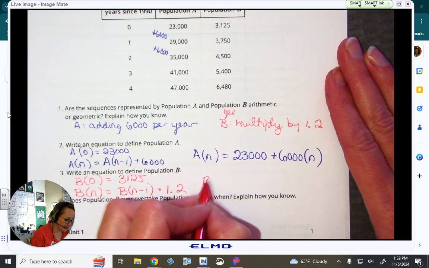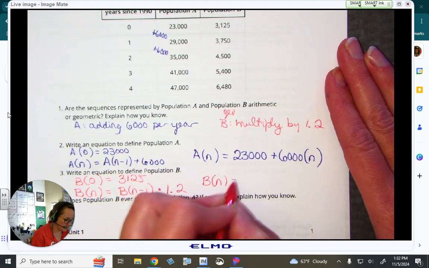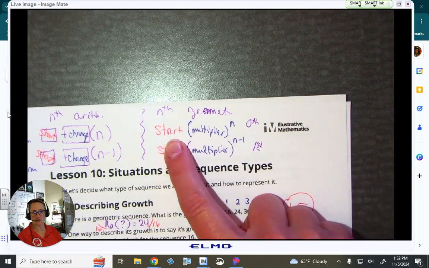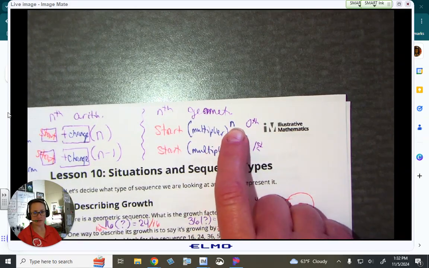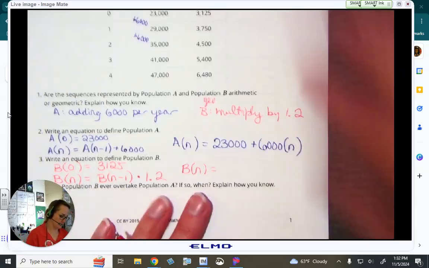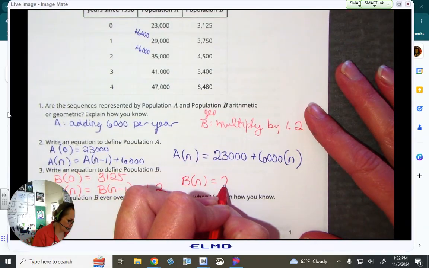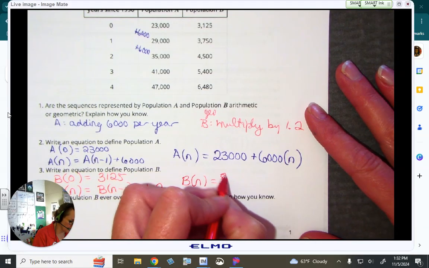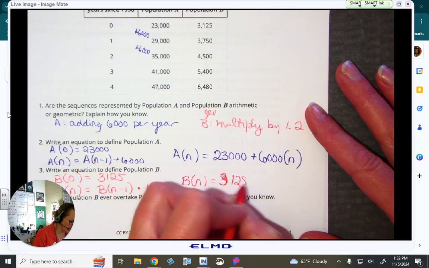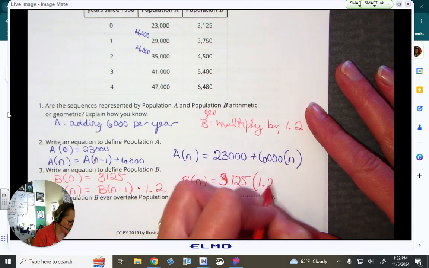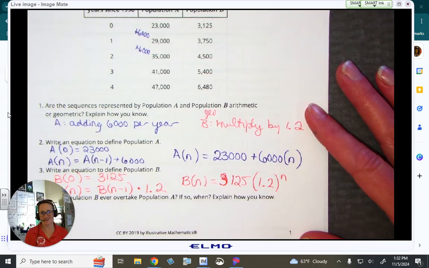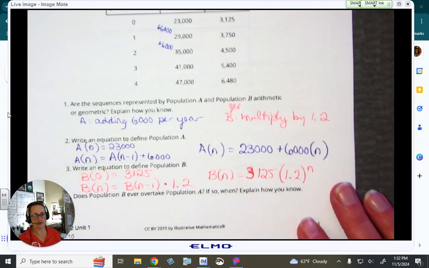As an nth term, an explicit equation: start times multiplier raised up to the nth power. We start with 3,125. We multiply it by 1.2, and we do that for any number of n years that we give it after 1990.